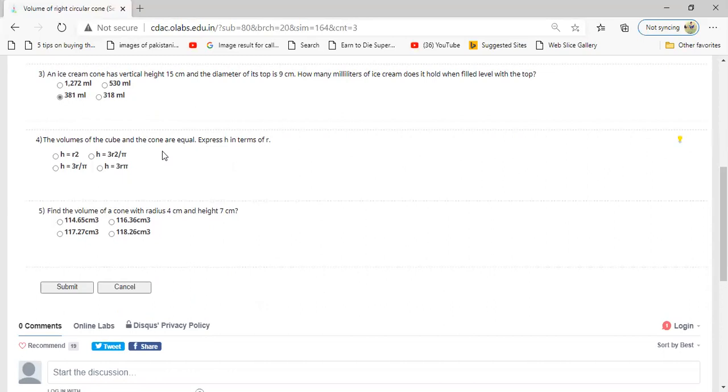Volume of a cube and volume of cone are equal. What is the formula for volume of cube? A cube. And volume of cone is 1 by 3 pi r square h.